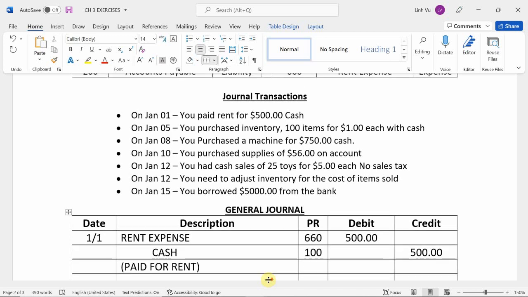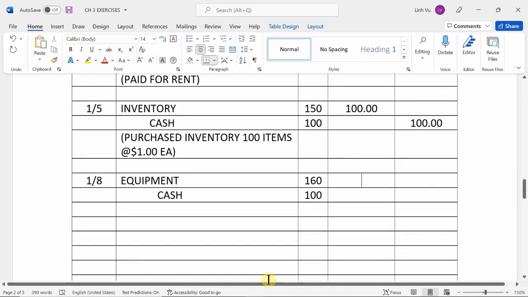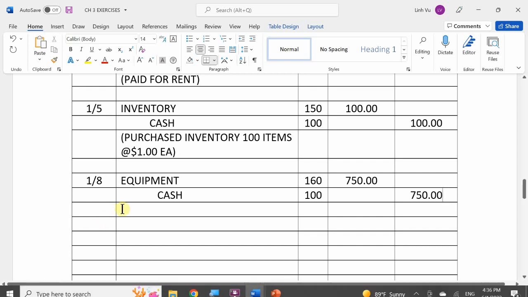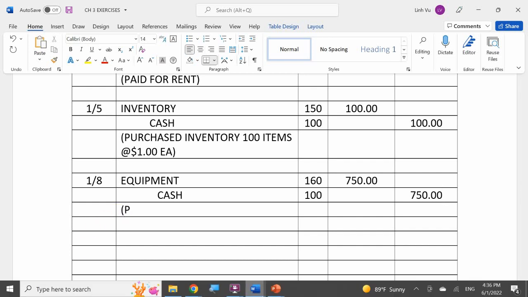It cost us $750. So I'm going to decrease my cash by $750, but I end up getting a machine for $750. In this case, I'm going to say I purchased a machine. Do not put how much the machine costs, because that's redundant, since you already put that you bought equipment for $750.